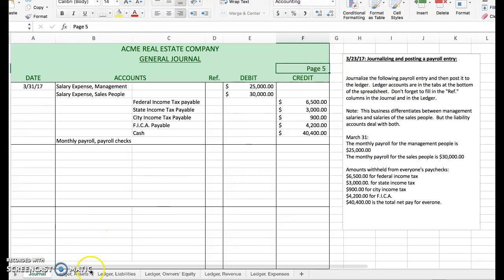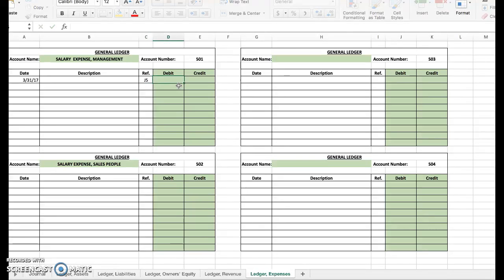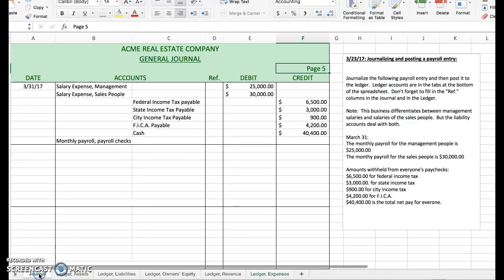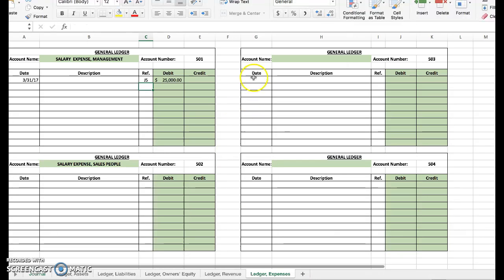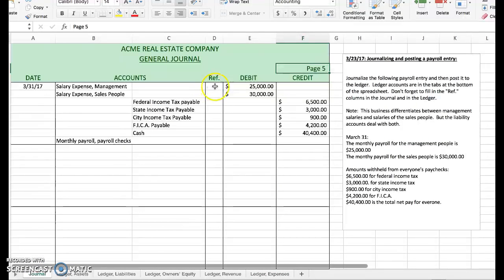This is page 5 in the journal, so we'll go to that reference column. $25,000. Okay, and that's the salary expense for management for this month. And backtrack here. The expense account for salary expense management was 501. So in the journal, we will put 501.